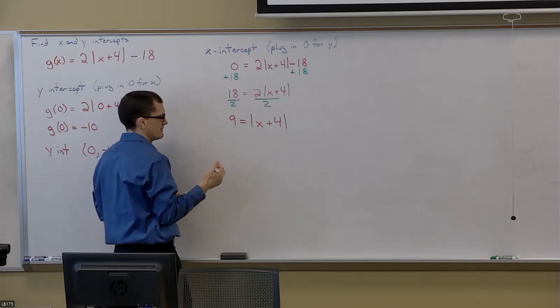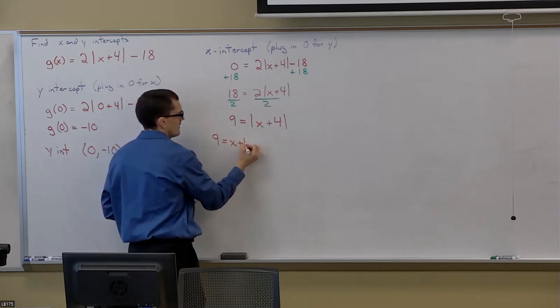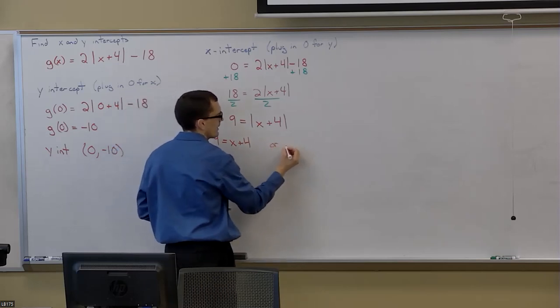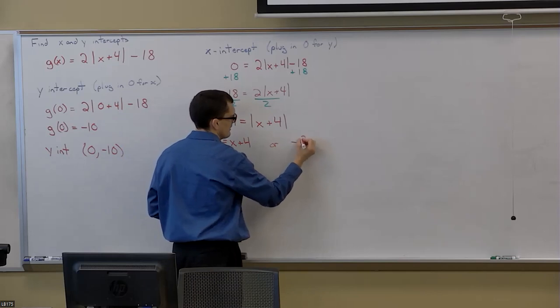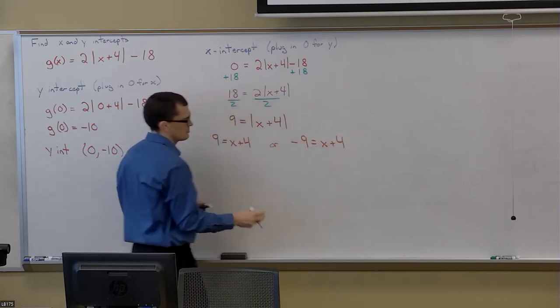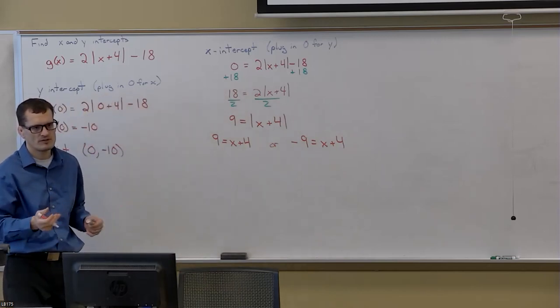And then that means either x plus 4 is equal to 9, or x plus 4 is equal to negative 9. And again, it doesn't matter whether you write the x plus 4 on the left side and the 9 on the right, or vice versa.